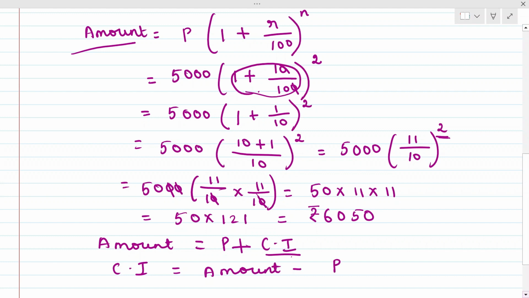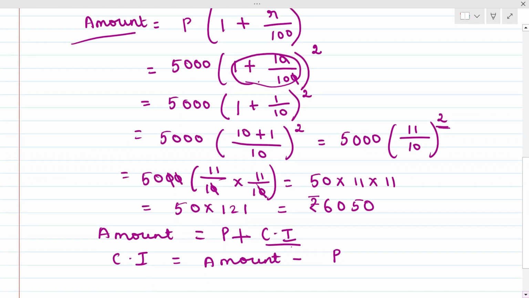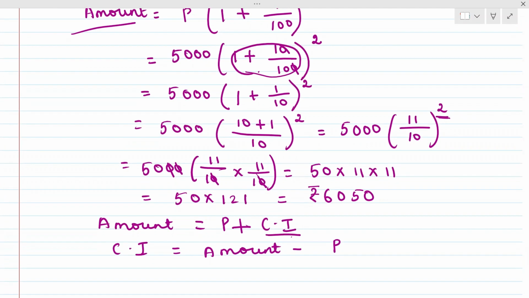The amount is 6,050 and the principal is 5,000. So the compound interest is rupees 1,050. This is the required compound interest.